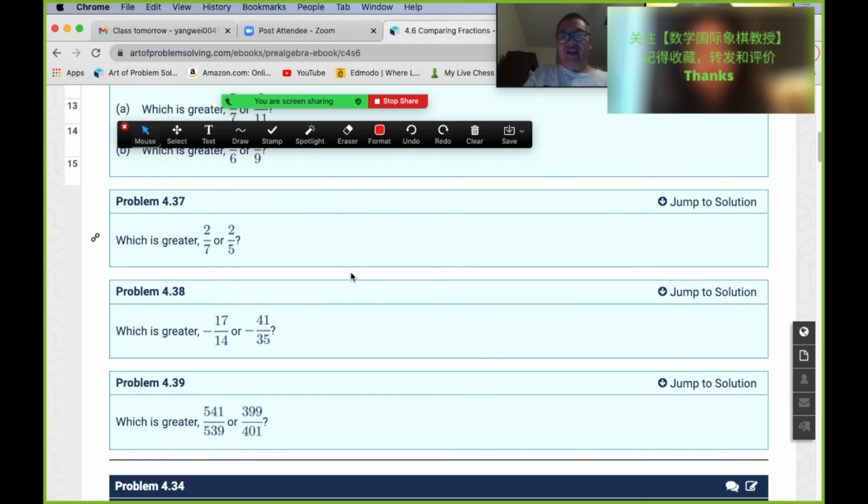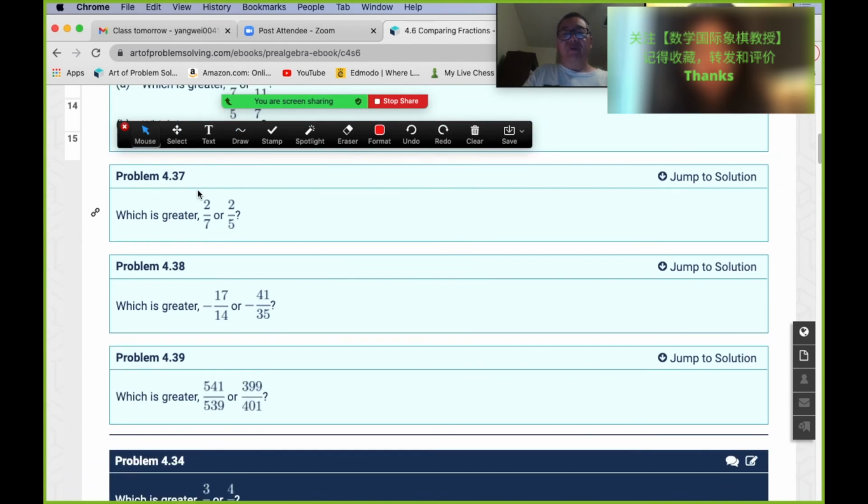So then now let's say 4.37. Which one's greater? Yeah, correct. But say, actually this one you don't need to do the cross multiplication. You can say this one is greater immediately.